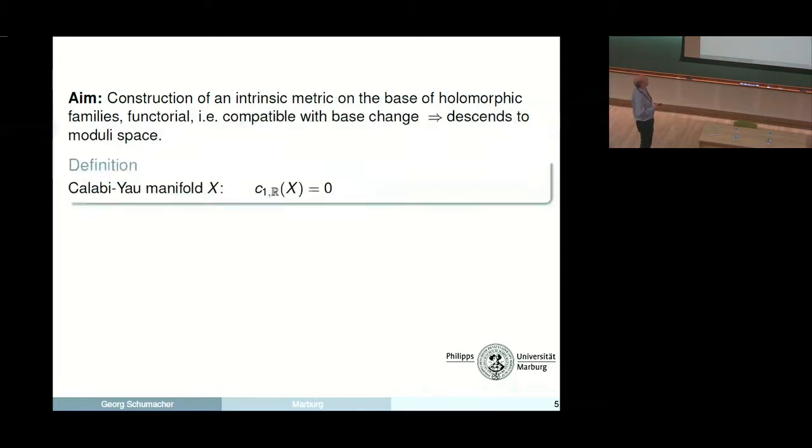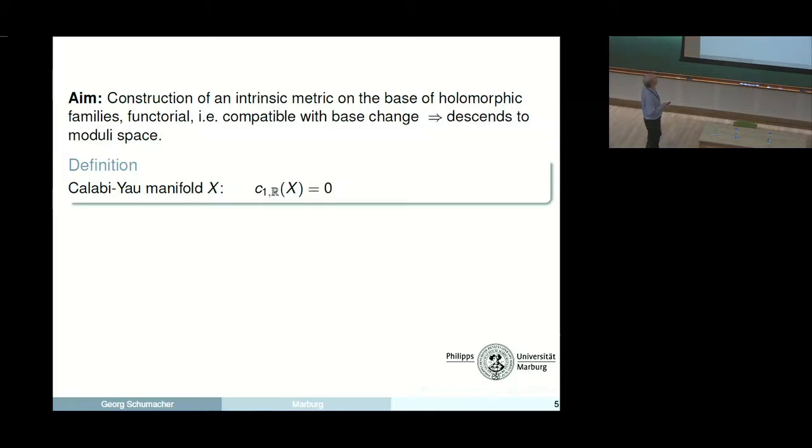So for us, mostly, a Calabi-Yau manifold will be a Kähler manifold whose first real Chern class vanishes. And of course, this would also include elliptic curves and K3 surfaces, and most of what I'm going to say would also apply to these.